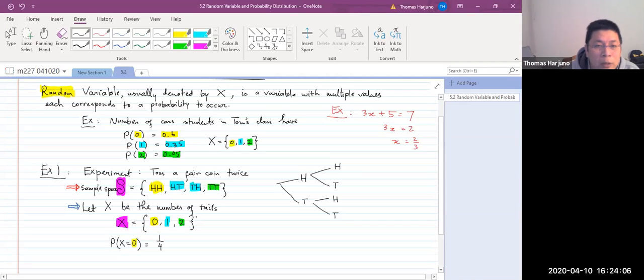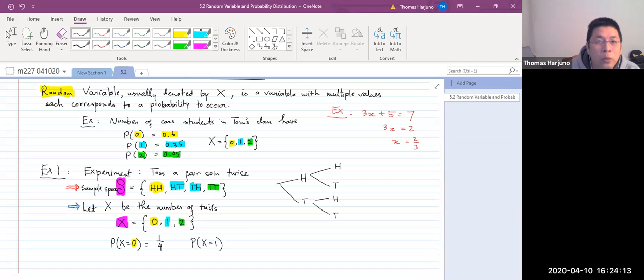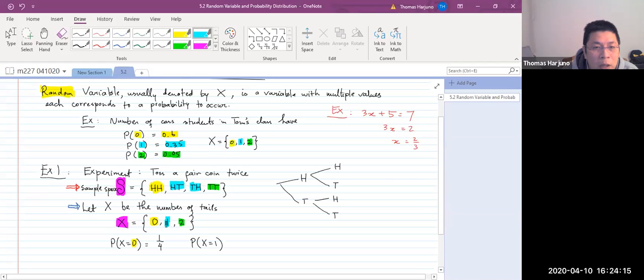While the probability to get one tail, x equals 1, will be one tail. That's 2 out of 4.